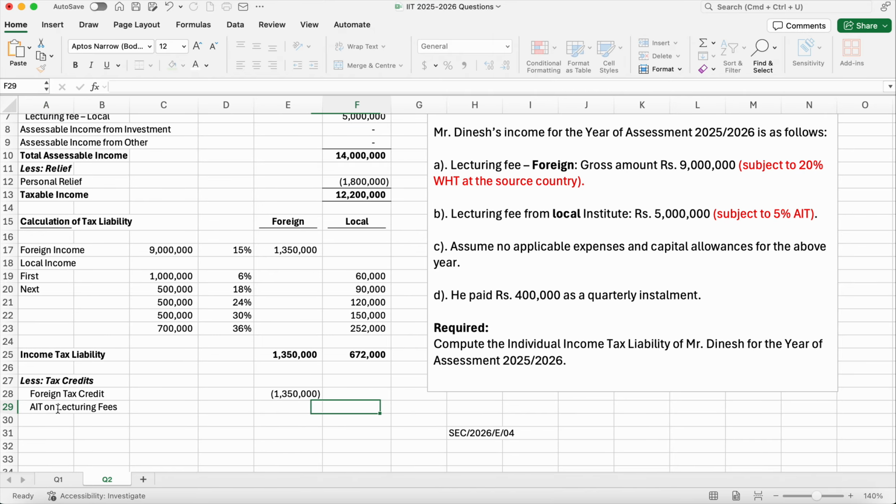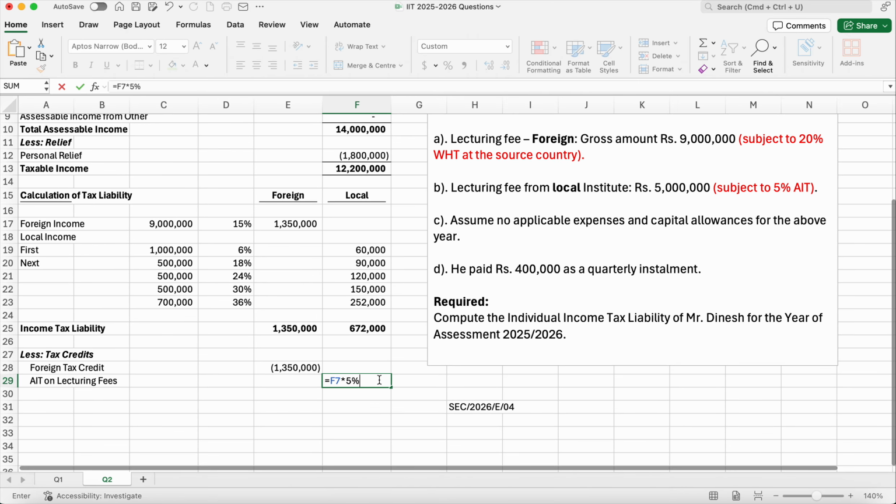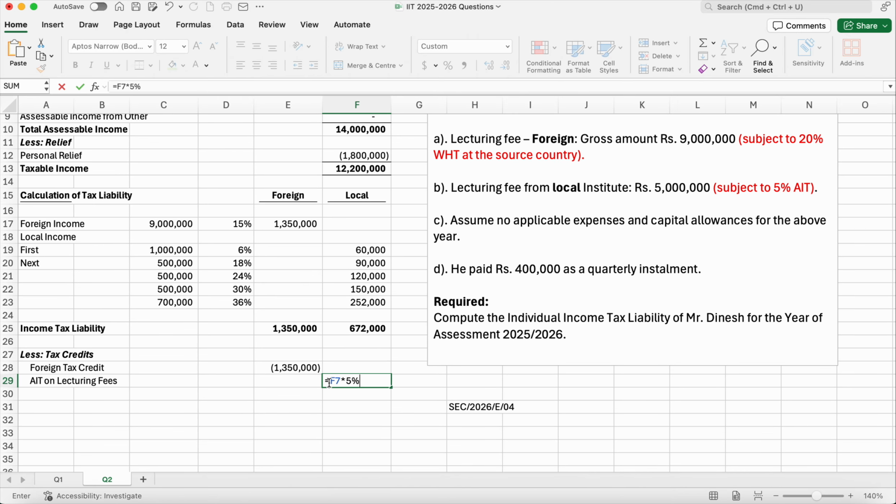on gross amount, we need to consider the gross amount, right, multiplied by 5, then that's deductible, right? Then after deducting that amount, let's say any other tax credits as per the question.